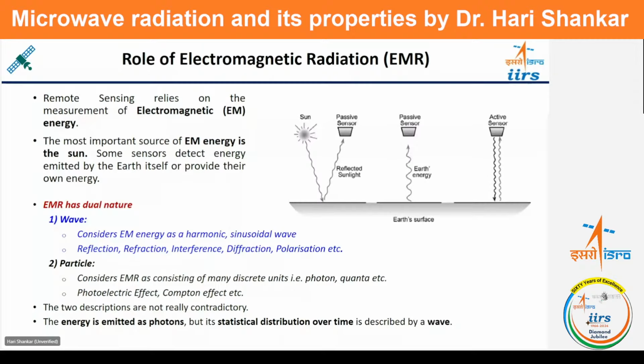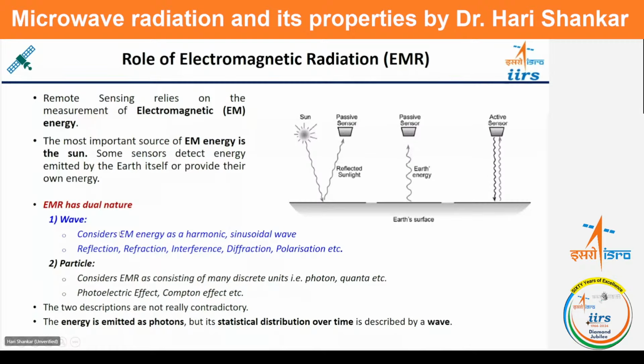So based on the distance itself, we can categorize the remote sensing, and based on the type of radiation, we can categorize the remote sensing like visual remote sensing, infrared remote sensing, thermal remote sensing, and microwave remote sensing. Okay. So if you see in a nutshell, the electromagnetic radiation has dual properties. One is called the wave nature, another one is called the particle nature.